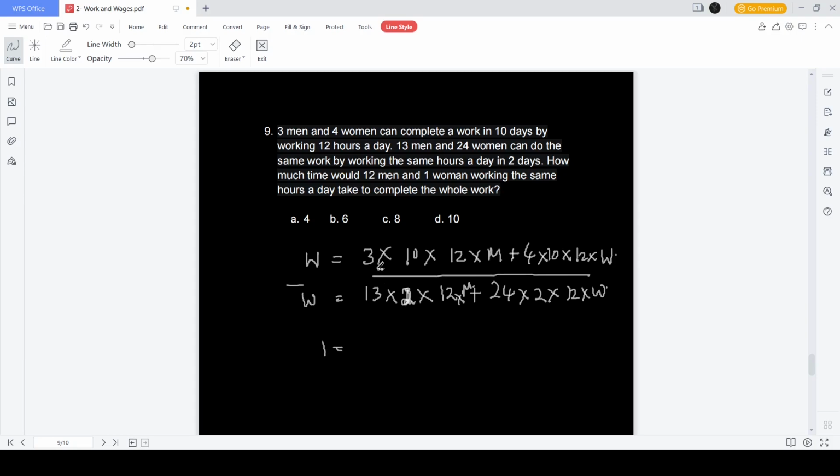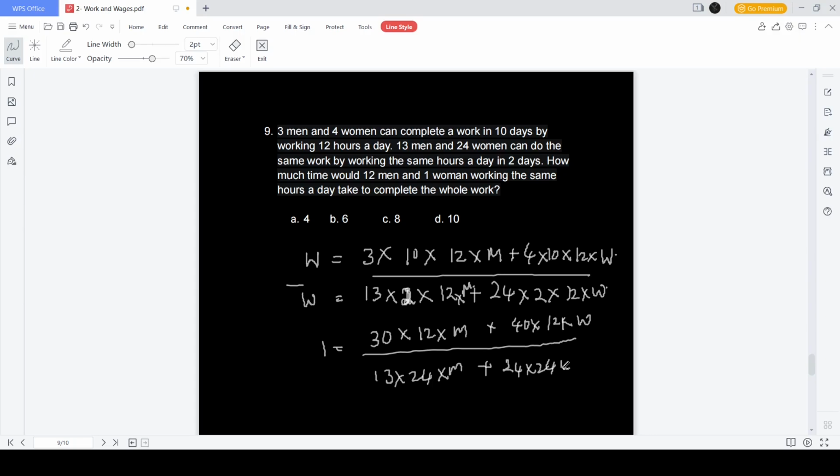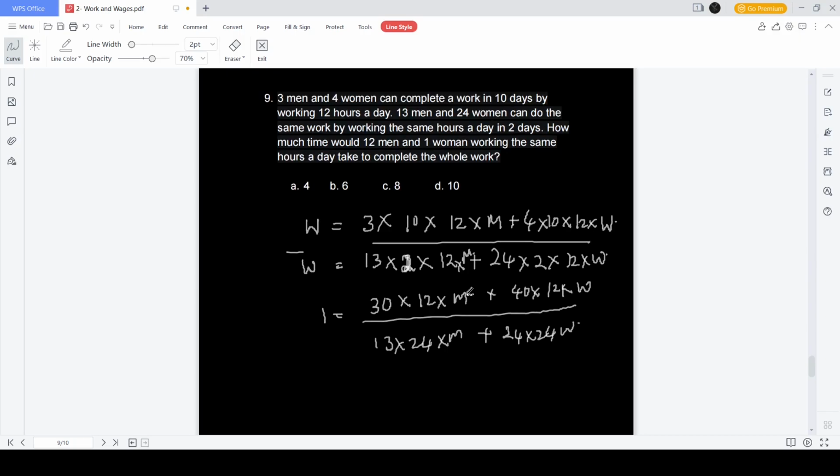30 into 12 into M plus 40 into 12 into W divided by 13 into 24 into M plus 24 into 24 into W. Okay, so if you see, you can cancel 12 and this 2 times and this here and this 2 times.